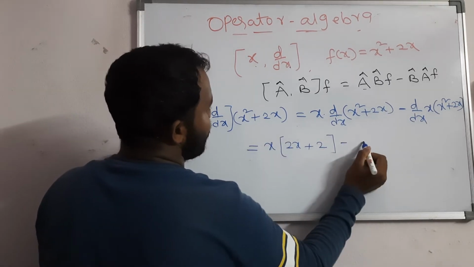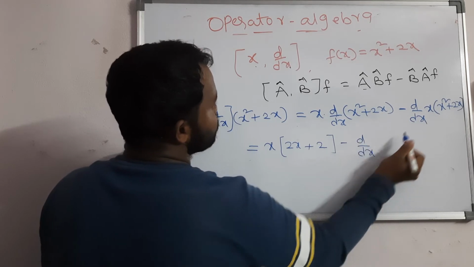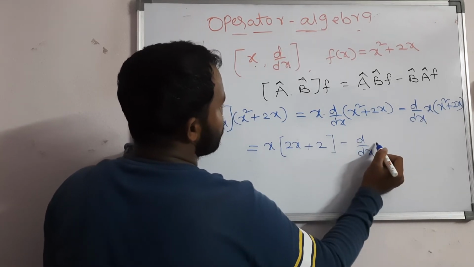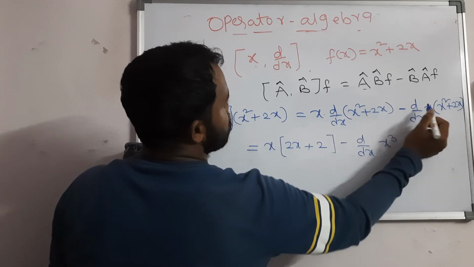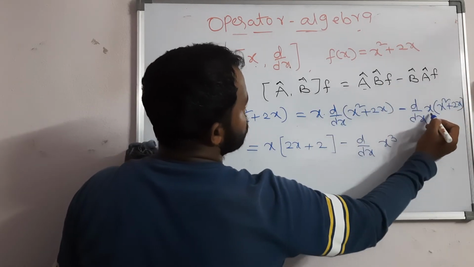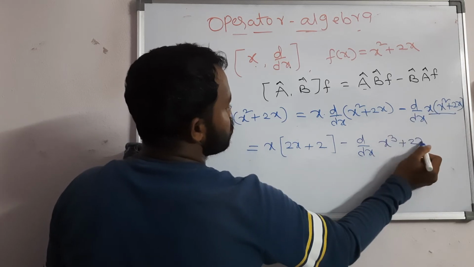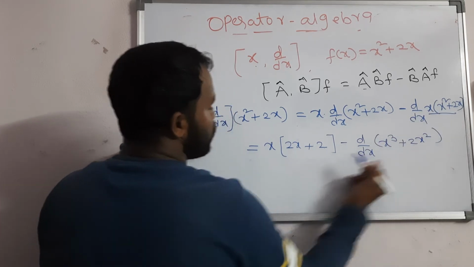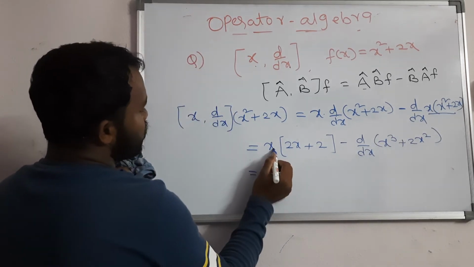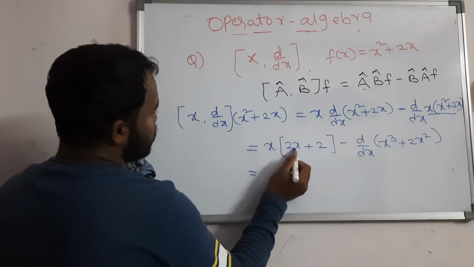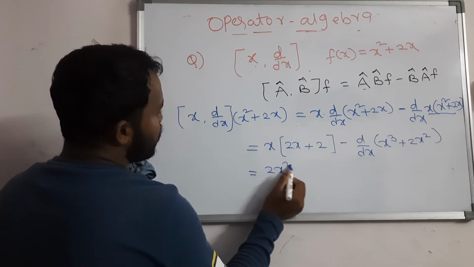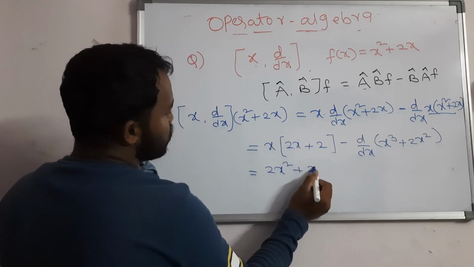Then write minus d/dx of x cube. On the right side, whenever functions are there you should multiply. x into 2x is 2x² you should write. Next I am going to take multiplication here: 2x into x is 2x², plus here 2 into x is 2x.